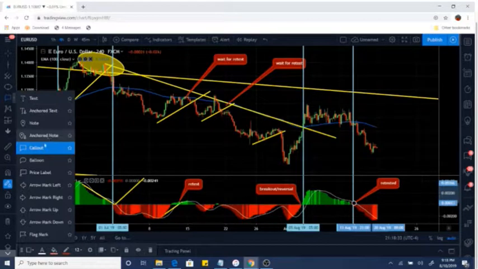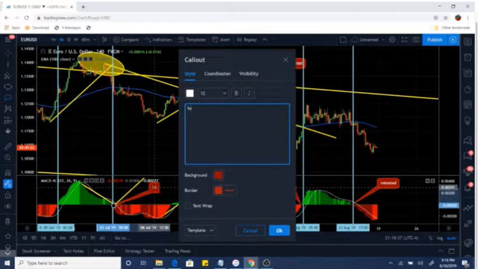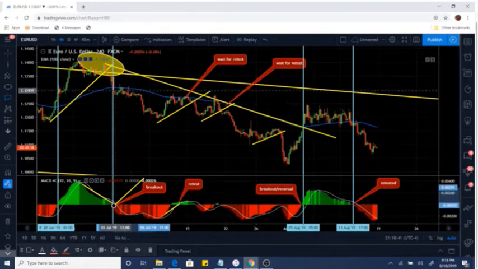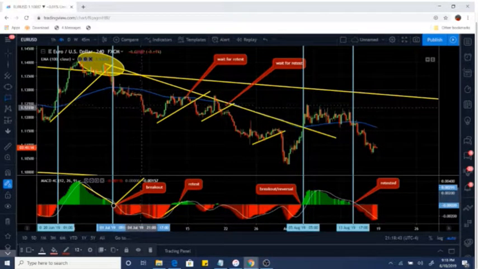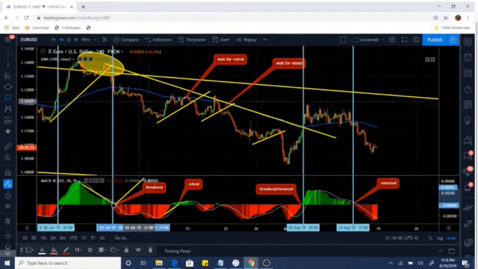So this was initially your breakout. This should be clicking for some of you guys. So you had your breakout, boom. Now if you got in here, you would have caught some pips, but then the pullback. This is where everybody messes up.